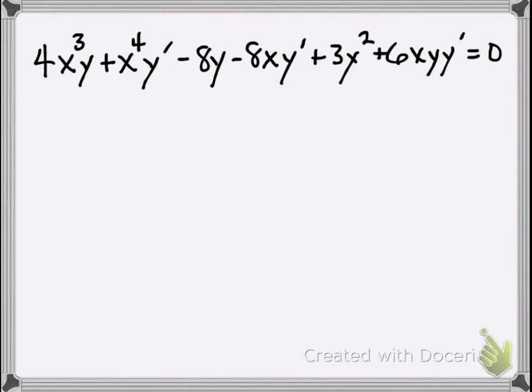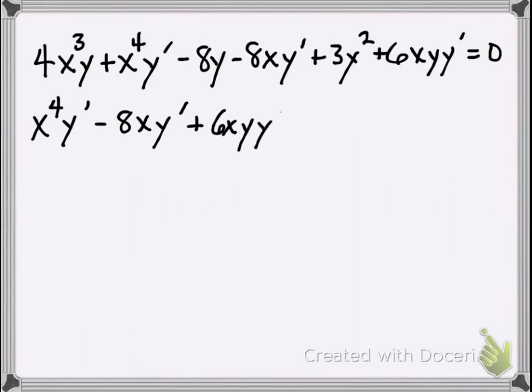So first of all, then we'll have x to the fourth y prime minus 8xy prime plus 6xy y prime. And then on the other side of the equation, we will have 8y minus 3y squared minus 4x cubed y.